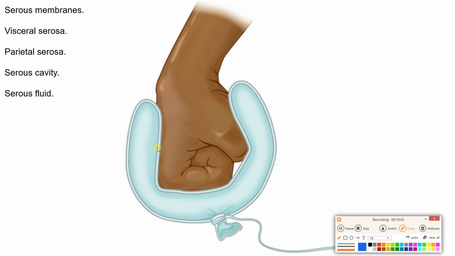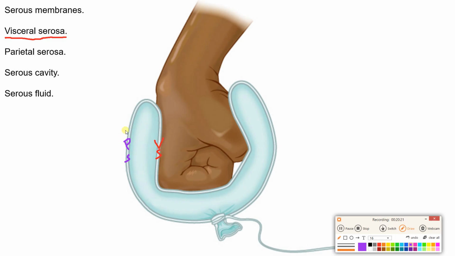And this first serous membrane, which is directly touching the organ, is called a visceral serosa. Serosa just means serous membrane. So it's like the inner membrane here. And then the outer membrane is known as the parietal serosa. Think about parietal as meaning outer, visceral meaning inner.